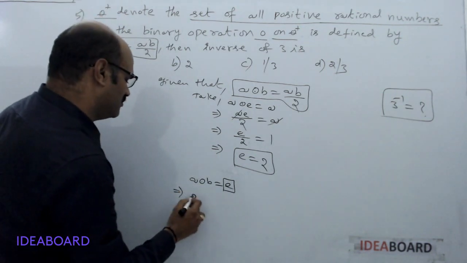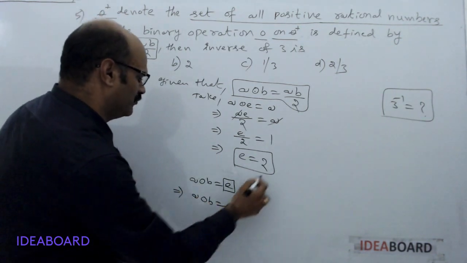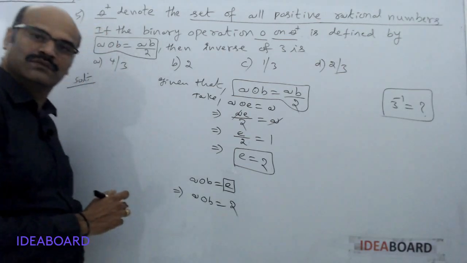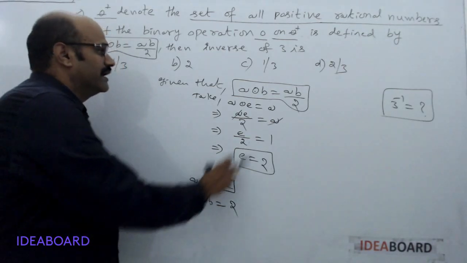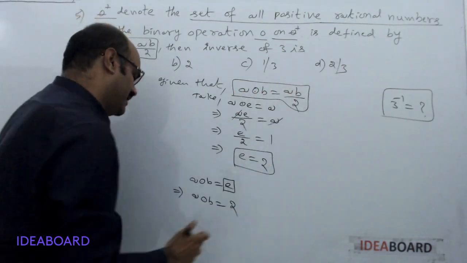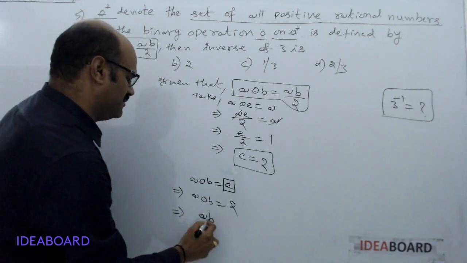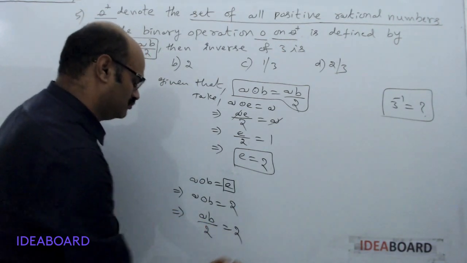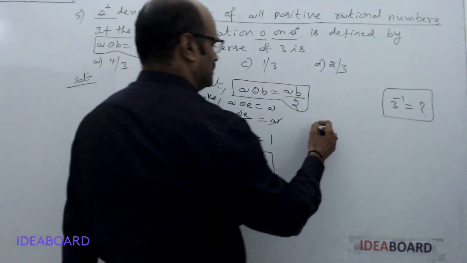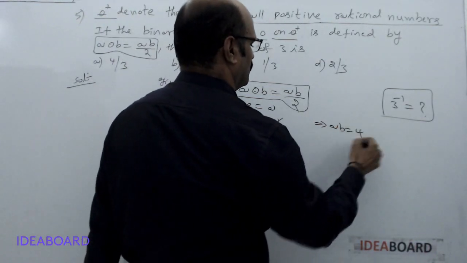So A circle B equal to, we are having 2 here. So A circle B is defined by AB by 2. So it implies AB by 2 equal to 2. It implies AB equal to 4.